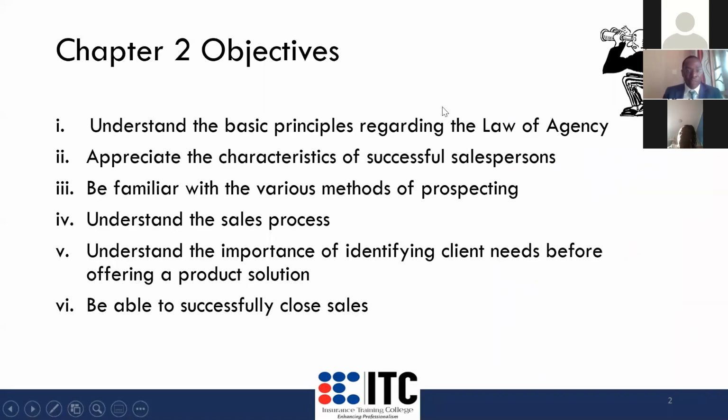Let me go through the objectives for this session. Number one, we're going to understand the basic principles regarding the law of agents, as I've just mentioned. We're also going to appreciate the characteristics of a successful salesperson. We're also going to look at the various methods of prospecting.